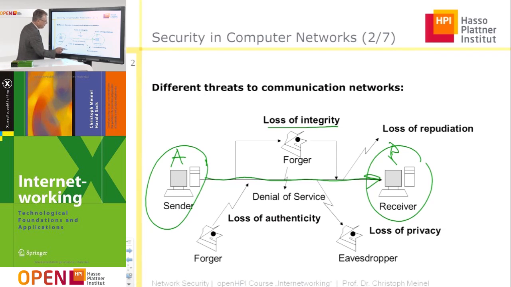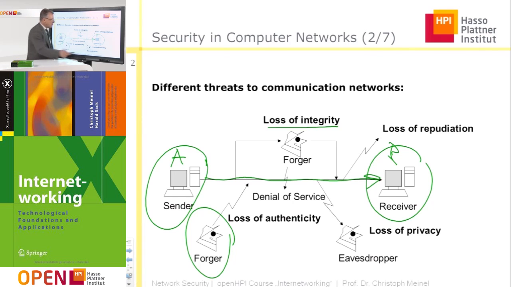There is also the possibility for criminal persons to change the sender address, for example when we speak about email. So the information transported over the open network is manipulated in a way that the identity is lost.